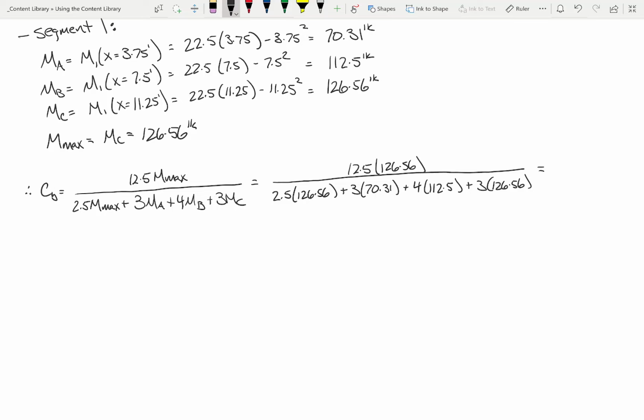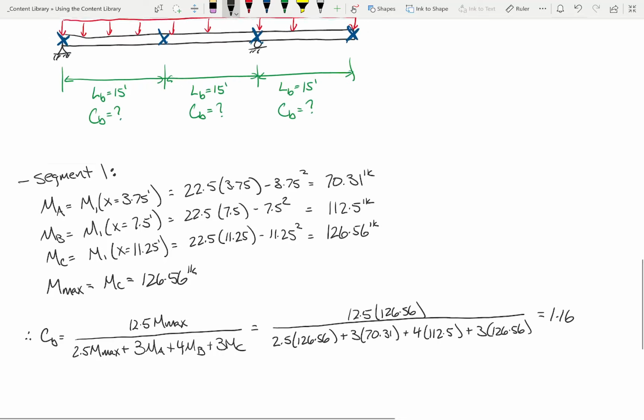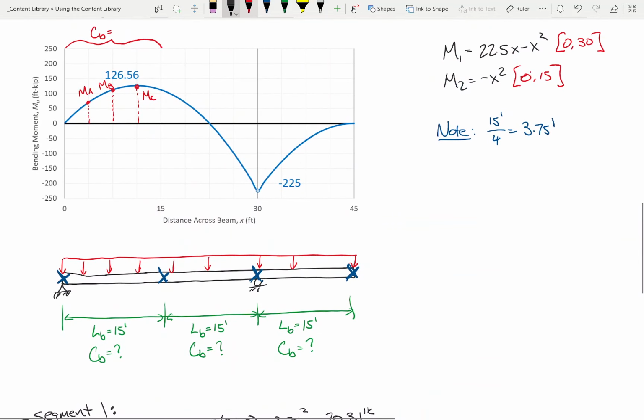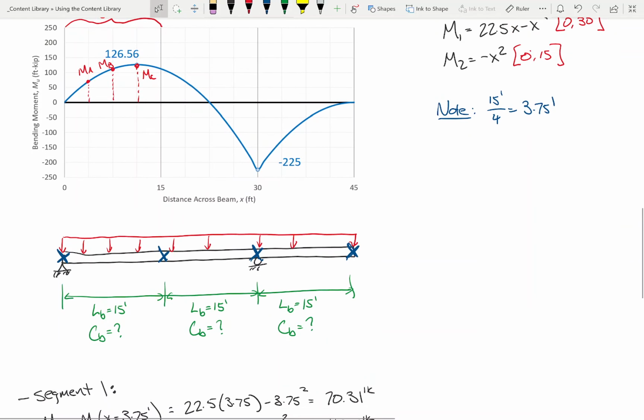Anybody got a value for me on this? 1.165. 1.165, sorry. So we'll call it 1.16. Do I have a second on that? Second. Okay. So that right there, that's going to be our CB value for this segment. Everybody with me on that?